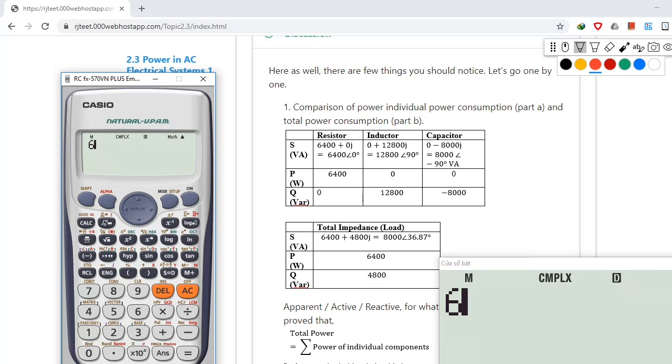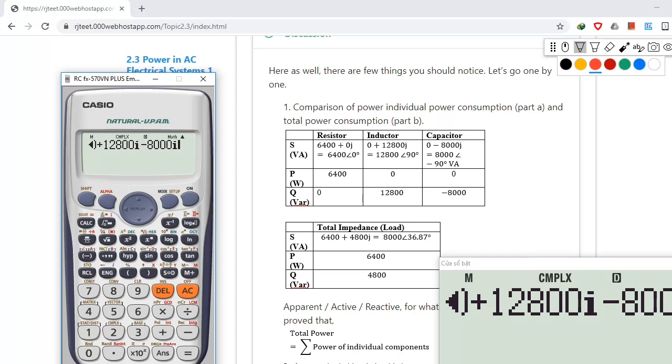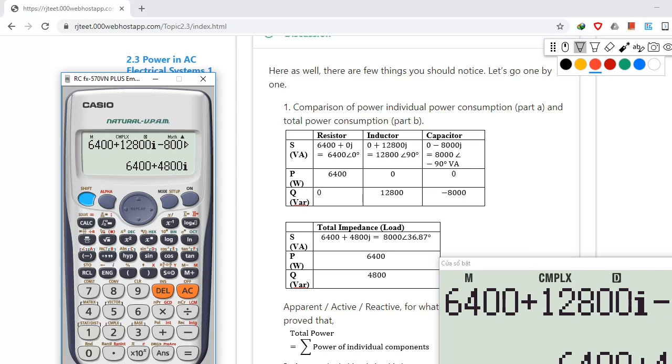So here it has 6,400 plus 12,800 angle 90, which means 12,800 j, minus 8,000 angle 90 means minus, so 8,000 minus 90 degrees means minus 8,000 j is equal to this much.